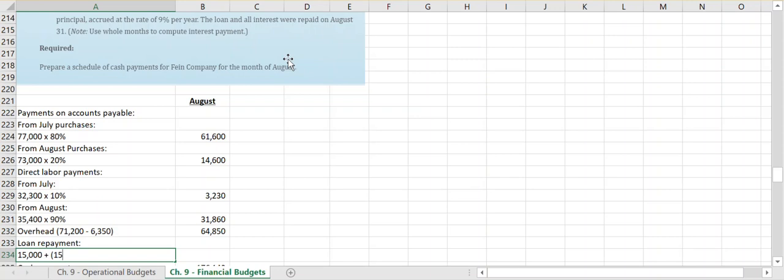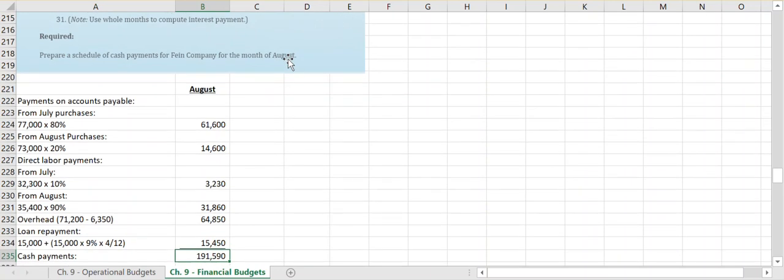So when you're doing your interest calculation, it's the $15,000 principal times the annual rate times the amount of time you've had it. So only 4 months out of 12. So in total, we have to repay $15,450. So in total, we have total cash payments of $191,590 for the month of August.